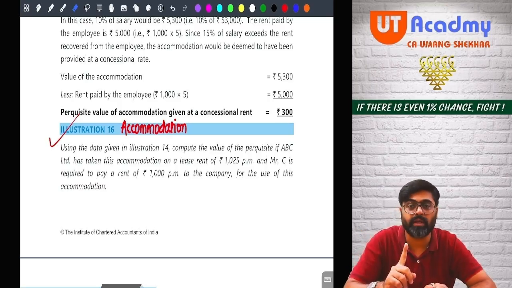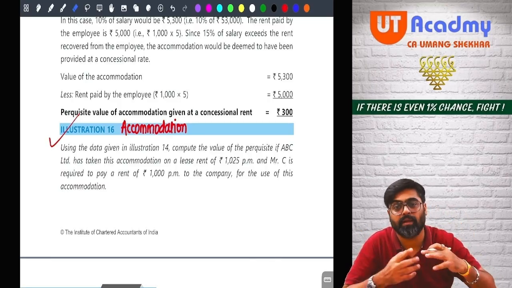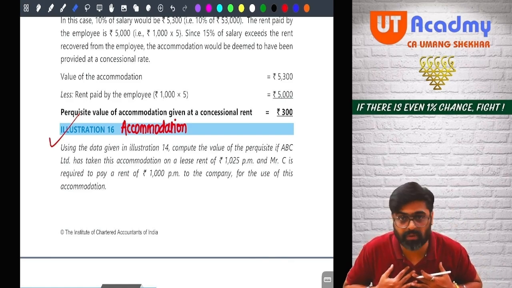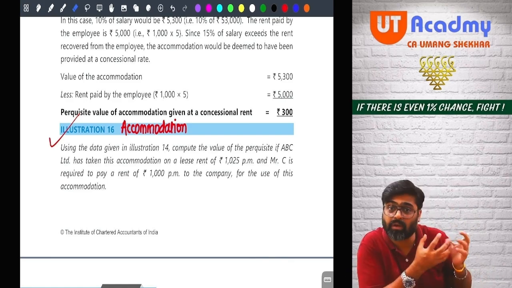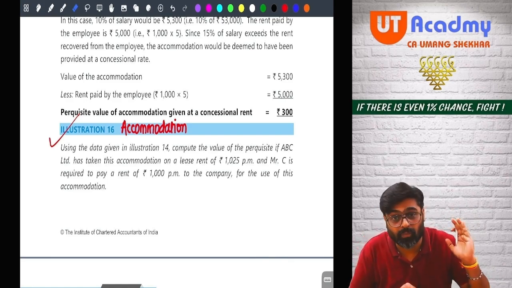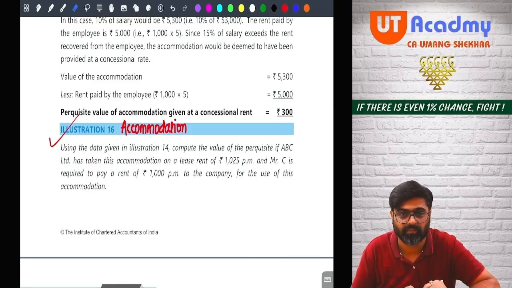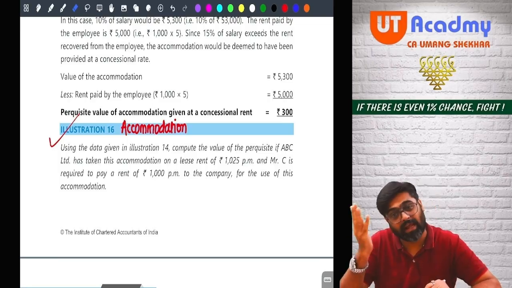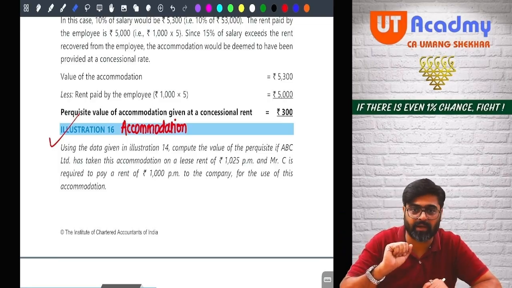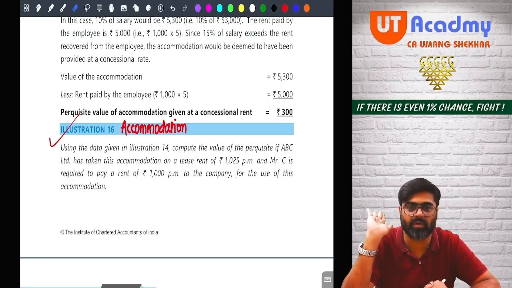The accommodation provided in Mumbai does not belong to the employer. It is taken on rent by the employer. And how much rent is the employer paying for that accommodation? 1025 per month.